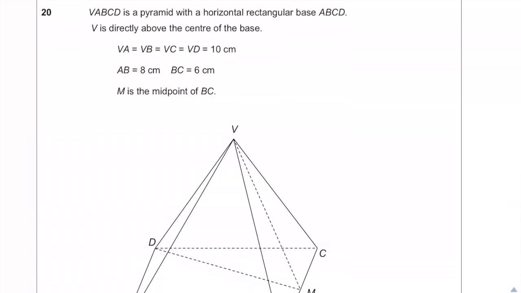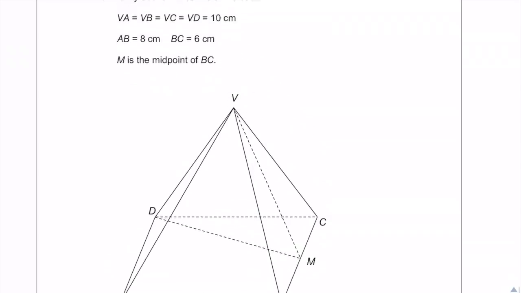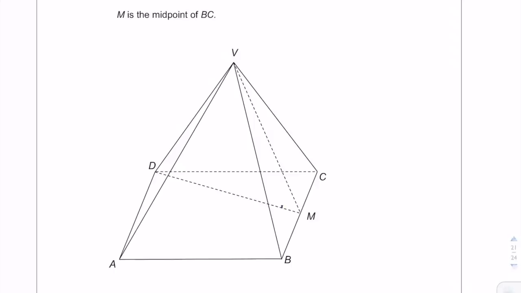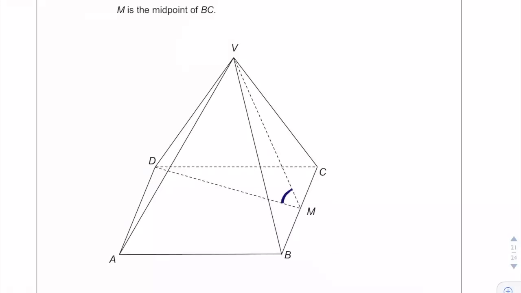Okay, so let's label the sides and the angle we're trying to find out on this diagram. So the angle we're trying to find is VMD. So that is this angle here. It's the angle between the 2 dotted lines. Now we know that AB is 8 centimetres. And we know that BC is 6 centimetres. So this side length is 6 centimetres.